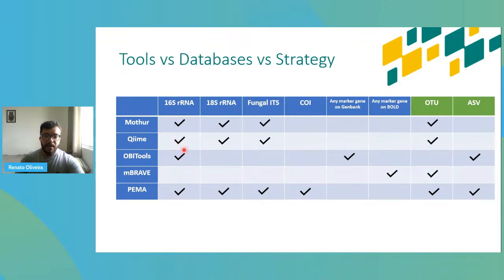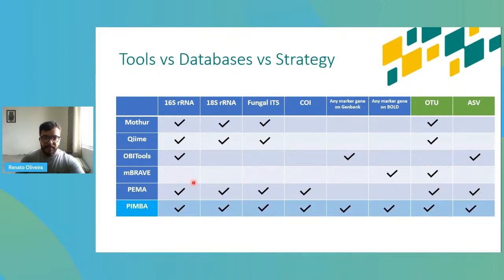OBITools can analyze bacterial data sets and any other marker gene that is on GenBank, and it uses the ASV strategy. mBrave can only analyze the marker genes that are present on the BOLD database, and it uses the OTU strategy. More recently, a pipeline was published, PEMA. It can analyze bacterial, fungal, and animal data sets, and it uses either the OTU or ASV strategy.